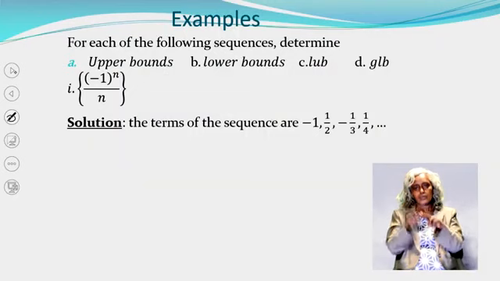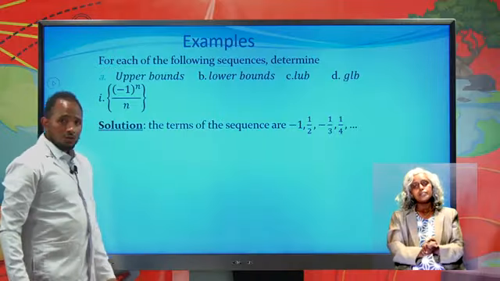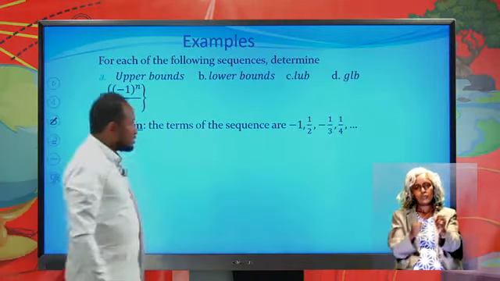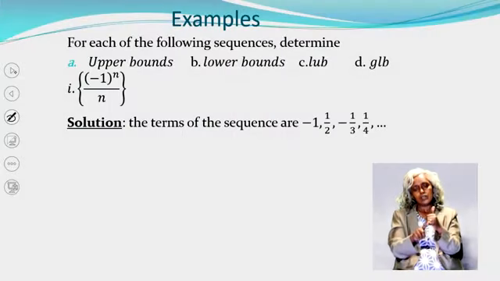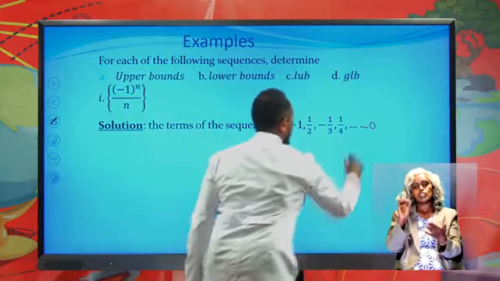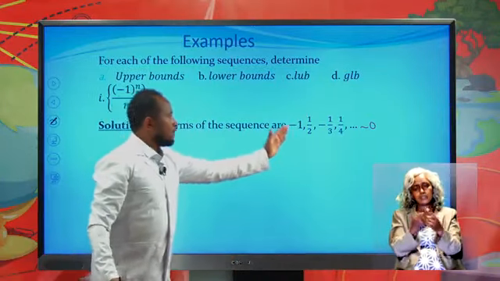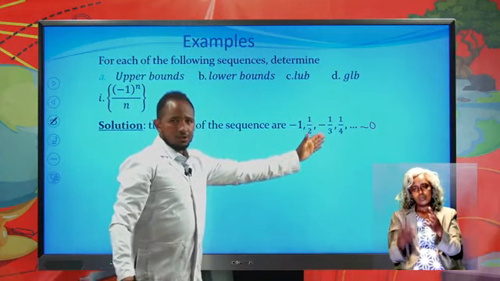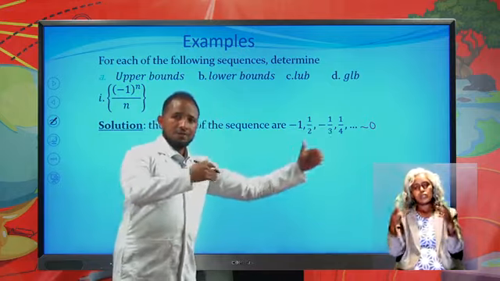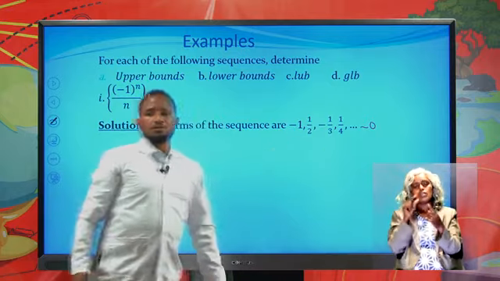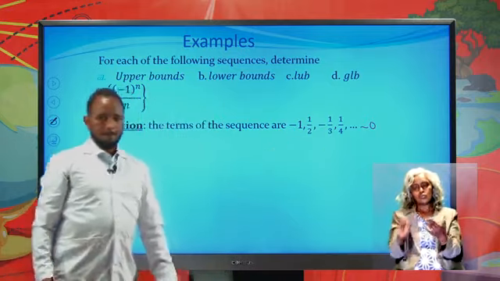When you put 2, you get 1/2, then -1/3, 1/4, and it goes on like this. As you can see, the denominator is getting bigger and bigger, so at infinity the term goes to 0.